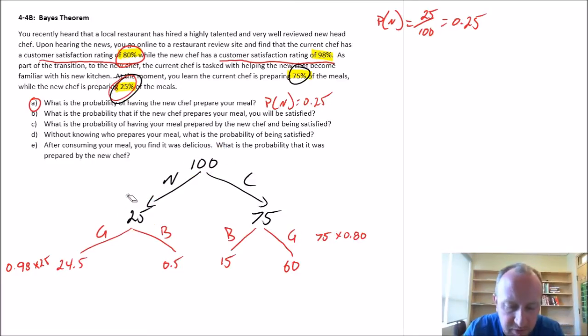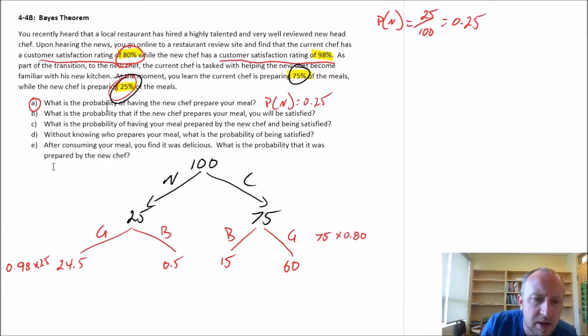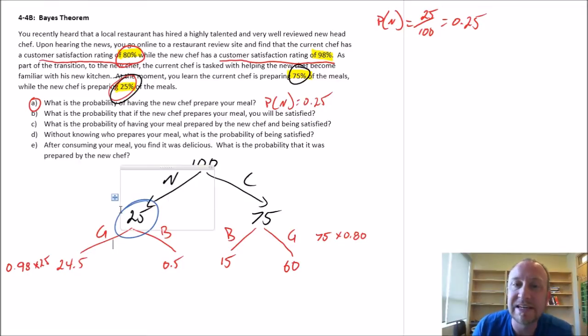Now, moving on. What is the probability that if the new chef prepares your meal, you'll be satisfied? Here it's saying the new chef prepared my meal, and I'm going to be satisfied. So the meal that I am consuming is one of these 25 meals. Given that I am eating one of those 25 meals, what's the probability that I'm going to be satisfied?